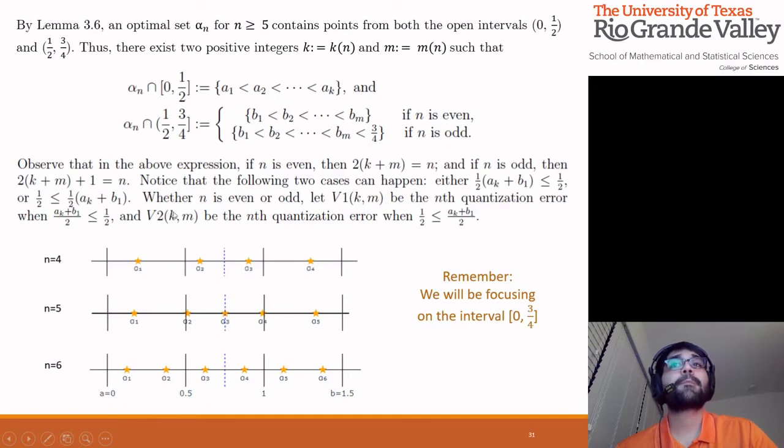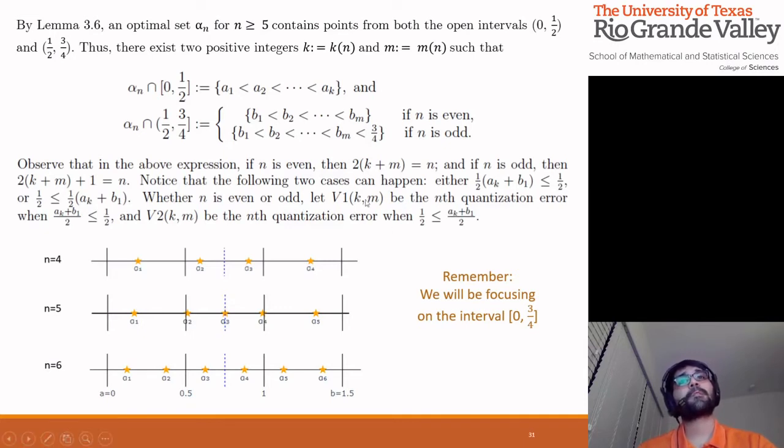And B2 of k and m will be the n quantization error for when the boundary of the Born region is greater than 1/2. So we're going to be comparing these two, and what we want is to find the lowest value. That means we're going to be finding the lowest distortion error, and that will be important for our algorithm that will find the optimal quantizers, optimal sets.